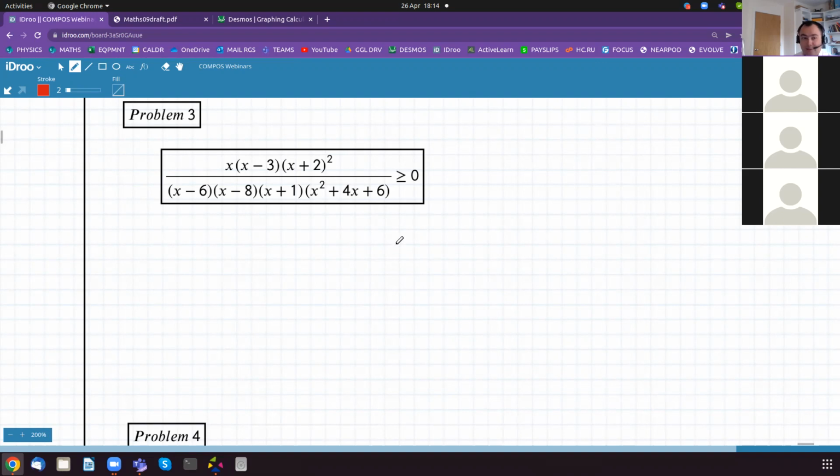It's always positive. X squared plus 4x plus 6 is positive for any x, and this is very important. You can prove that very easily. You can write it like this: x plus 2 squared plus 2, and it's always a positive number.